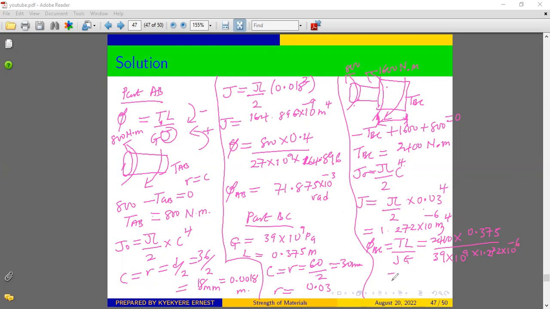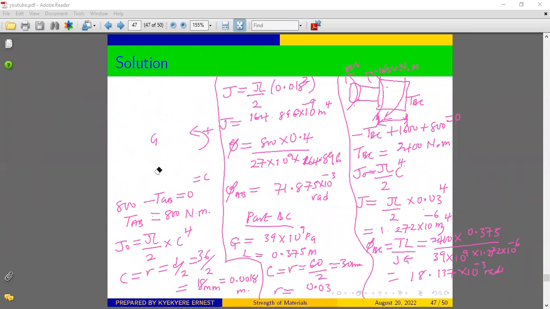And from there, this will be equal to 18.137 times 10 to the power -3 radians. So we are also done calculating the angle of twist in the second section.